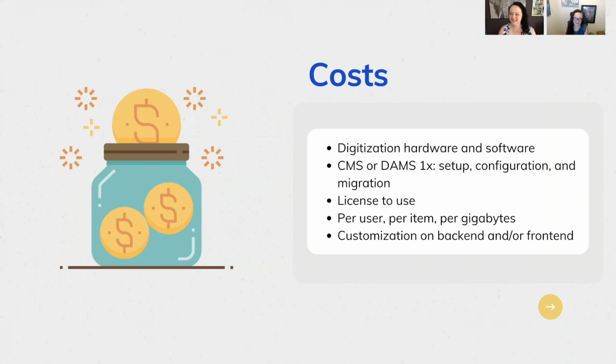Digitization hardware, the equipment, and the software. There's software that is as good or better that's free or cheap than the paid versions. And so definitely look at all of your options regarding hardware and software before making a decision.